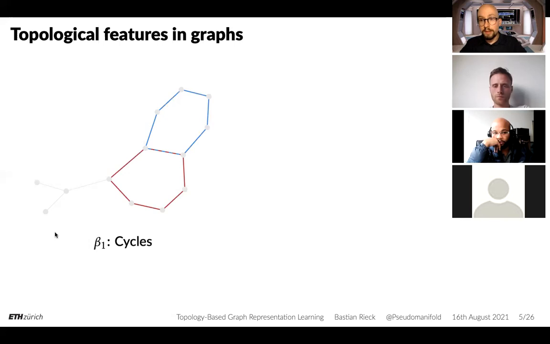Now we can also go one step higher, and we can calculate some cycles. So cycles are what you would expect them to be. We just take a look at some structures that we can walk around and reach the start of our path again. Now here you can see that we have two different independent cycles. I should stress, in case you're already familiar a little bit with topology, these cycles are not unique.